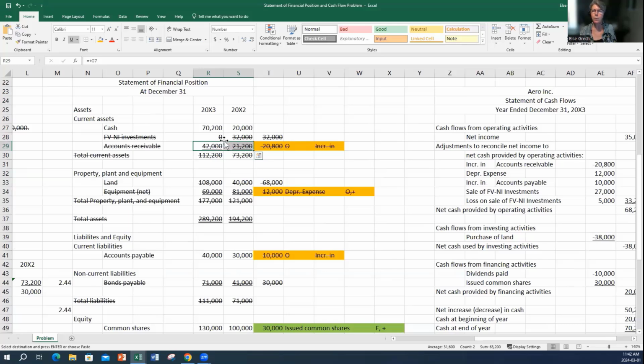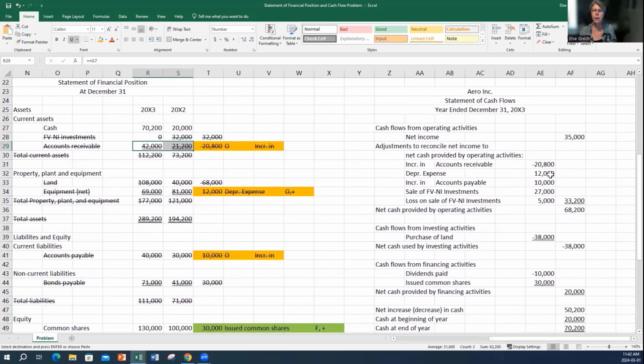So I would definitely want to investigate why there's been this increase. That's a concern. We need to investigate that, because if this trend continues and it's because we're not managing our accounts receivable, then our cash flow from operations is going to decline next year. So that's what we're seeing.